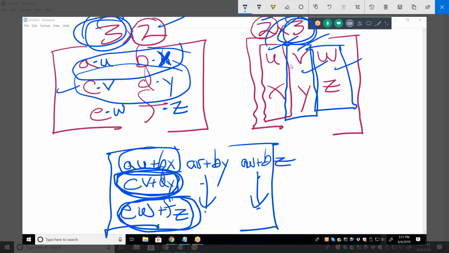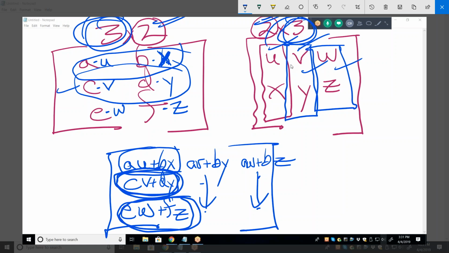So the variables of each column in the second matrix are consistent in each of the columns in the product matrix. Notice that this is the number of columns, this is the number of rows.